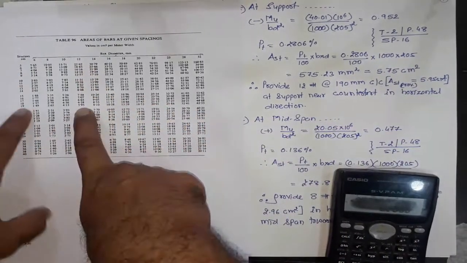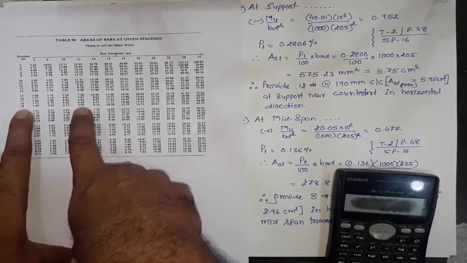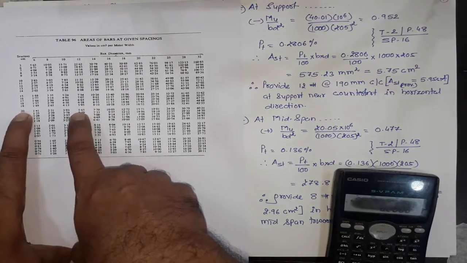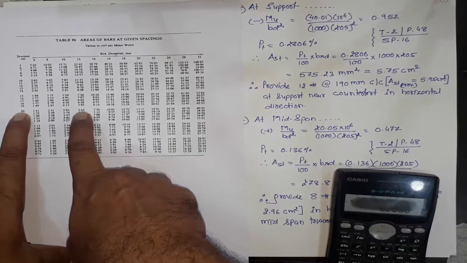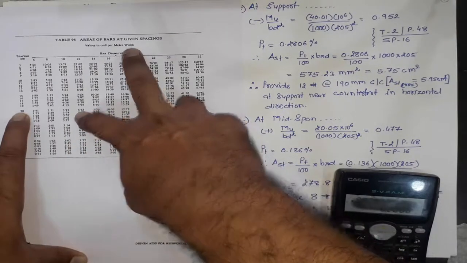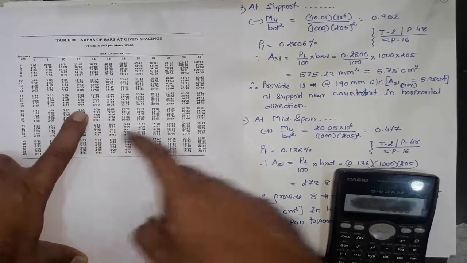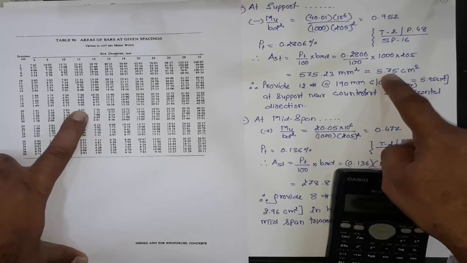For a spacing of 19 centimeter, you will get an area of 5.95 centimeter square. If we move to 20 centimeter, then the 12 mm dia reinforcement will have an area of 5.65 centimeter square per meter width, which is a little bit smaller than what we require, that is 5.75 centimeter square.